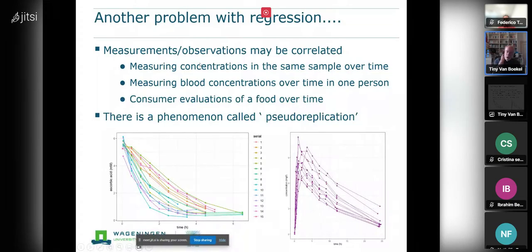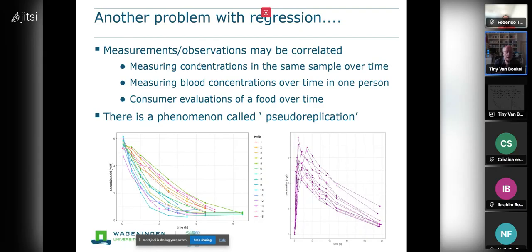Then there is another phenomenon that I see sometimes in literature, and that's called pseudo-replication. Let me just take one simple example again of the apple. If you measure an apple 6 times, the one apple, for instance, to measure the weight over time, that is actually pseudo-replication.